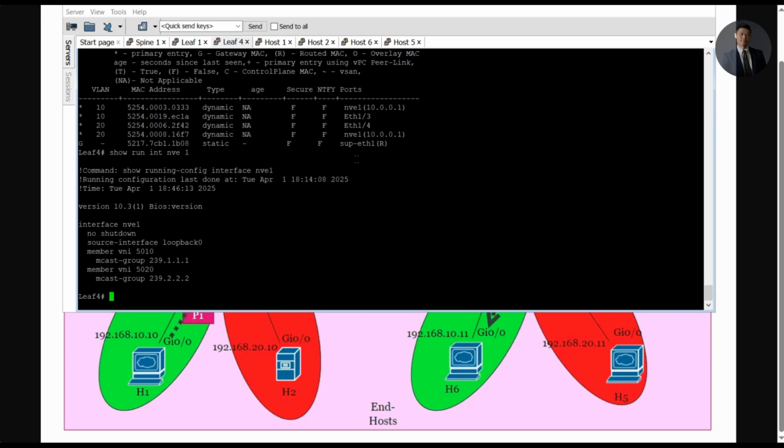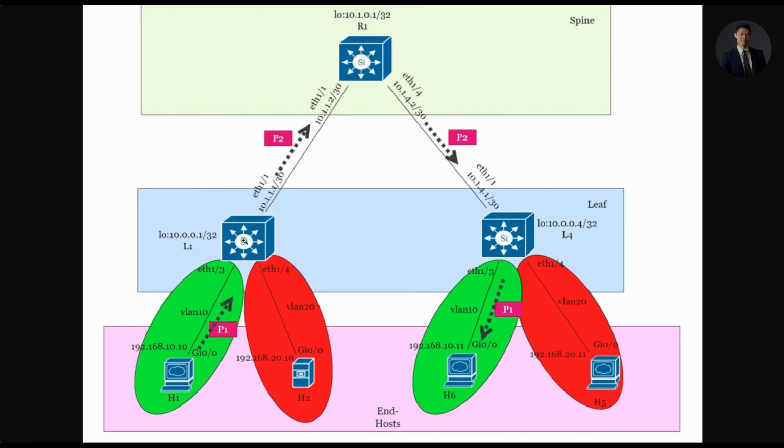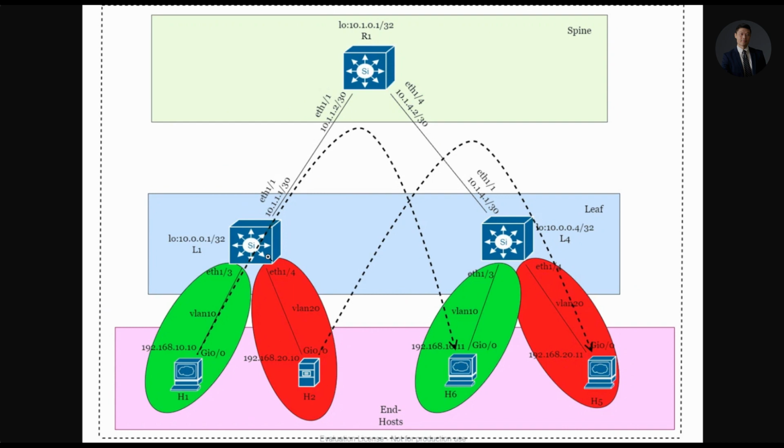The NVE interface is used to encapsulate Ethernet packets with a VXLAN header as well as decapsulate packets arrived from the VXLAN fabric on a VTEP. The NVE interface encapsulation algorithm is a function of two parameters, the remote VTEP endpoint IP and VNID. That's why we only enabled NVE on the leaves. We only need to encapsulate the VXLAN packets on the leaf layer. No need for the spine.